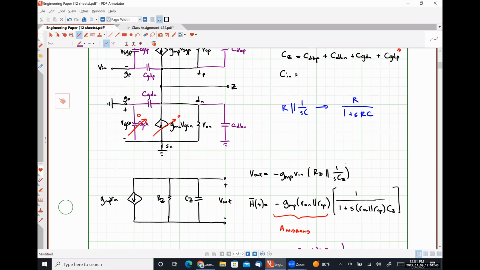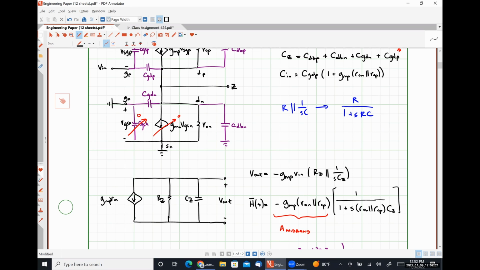Okay. So using Miller's theorem, Cin here, which is going to get added to CY, is just going to be whatever CGDP is times a factor of 1 minus our DC gain, but since our DC gain is negative, this is going to look like 1 plus gmP (R naught N in parallel with R naught P).